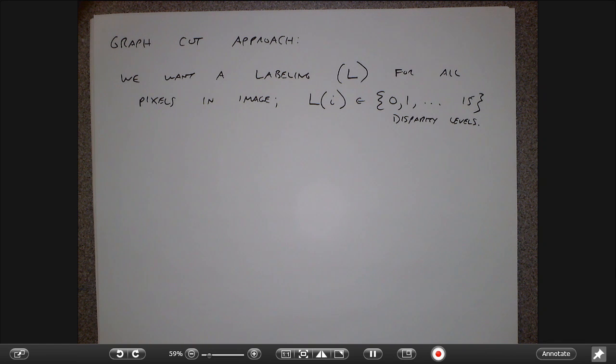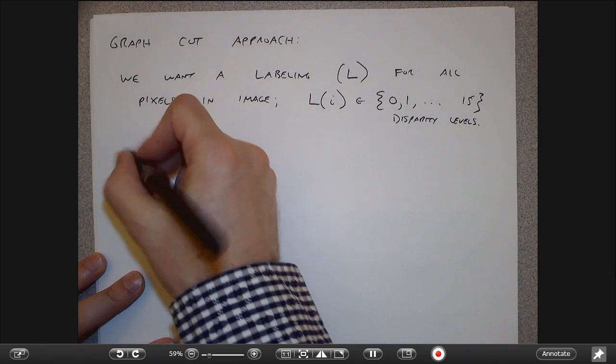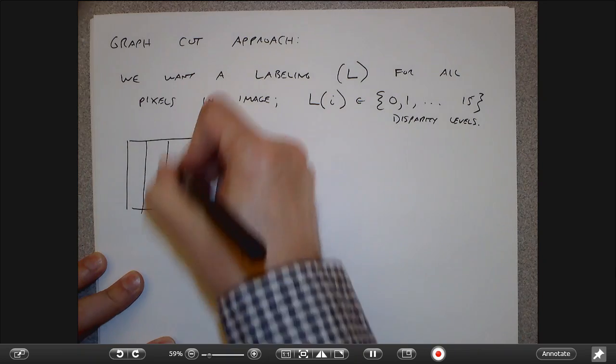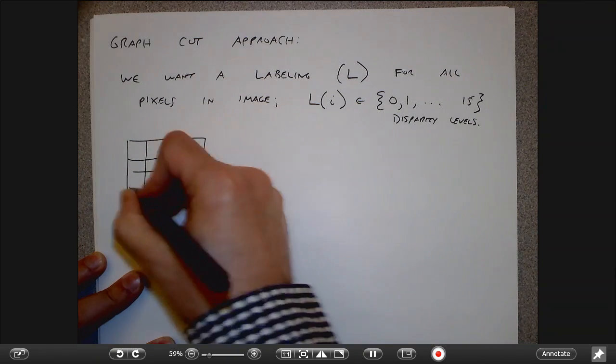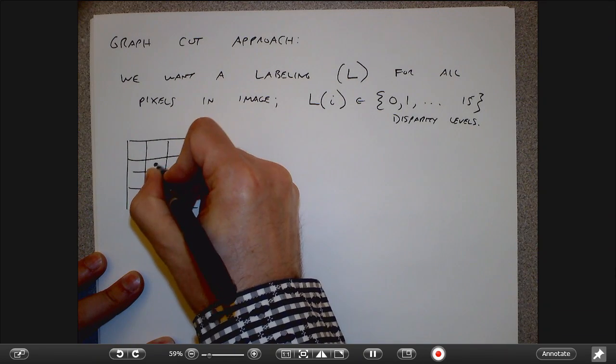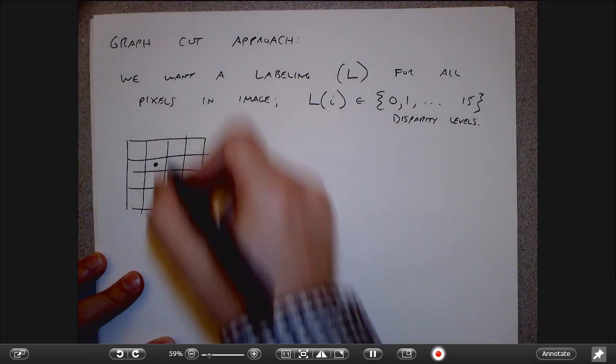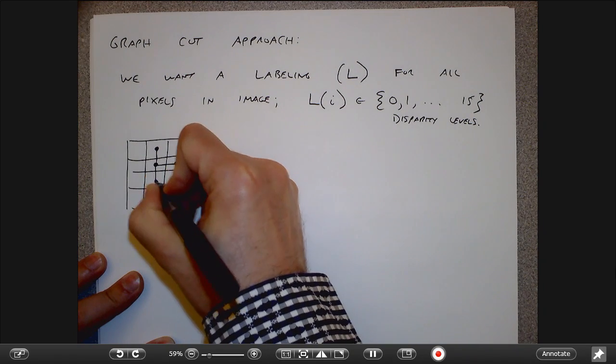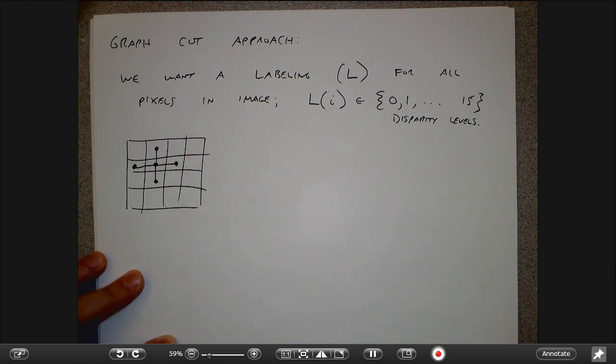And now what I want to do is connect up all of the pixels in the image into a graph. So I'm trying to estimate the disparity at every pixel, but I also look at the neighbors of my pixel, right?